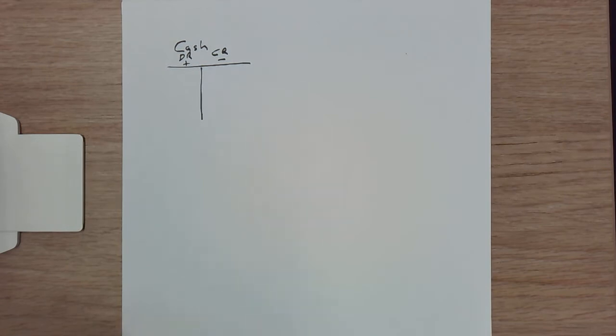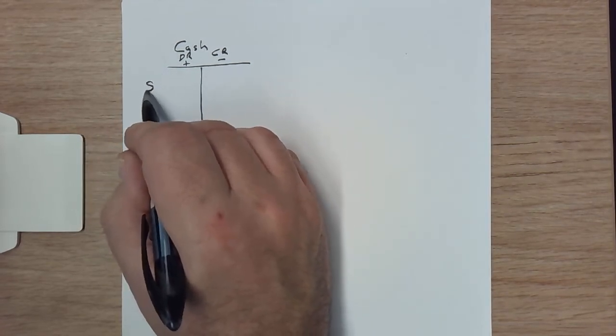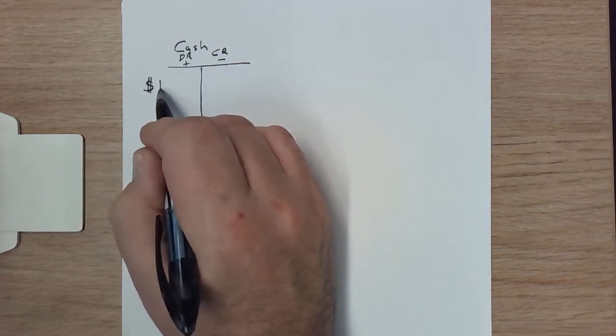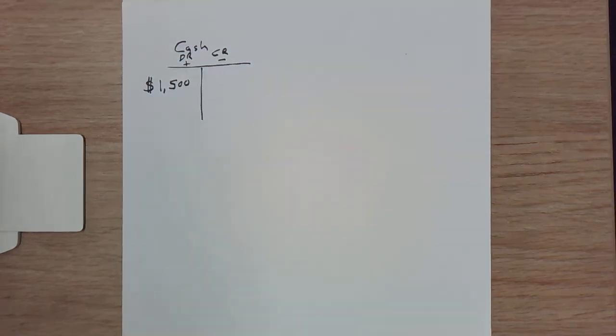So you've made a sale for $1,500. So we've increased the amount of cash we have by $1,500. So I'm going to debit the cash account for that amount. I put it on the left-hand side here. So that shows an increase of cash of $1,500.